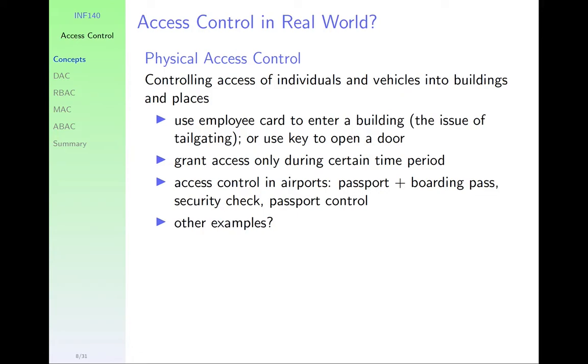Also, this access sometimes depends on attributes like time and location. In the previous example we already mentioned, because we are in a university, it's more open. So there's no need for strict access control during working hours. But after working hours, we need this access control to protect our assets from being stolen or damaged.